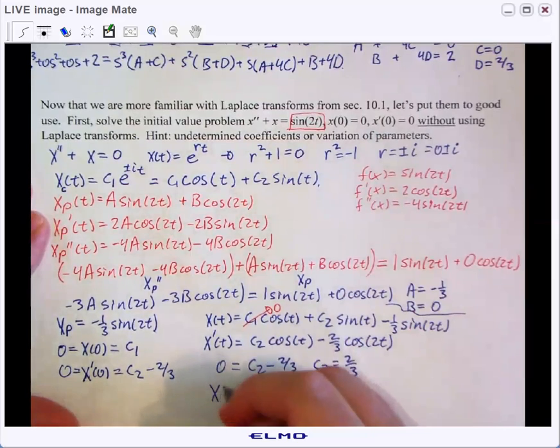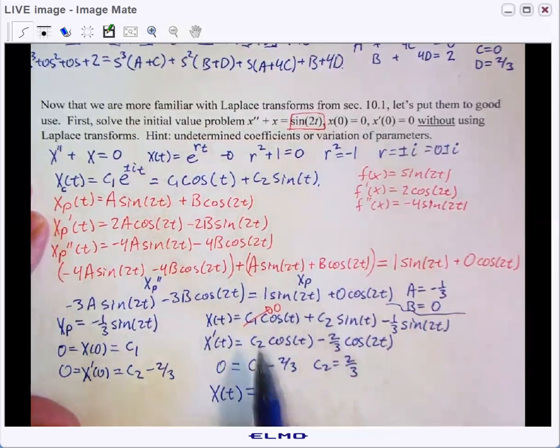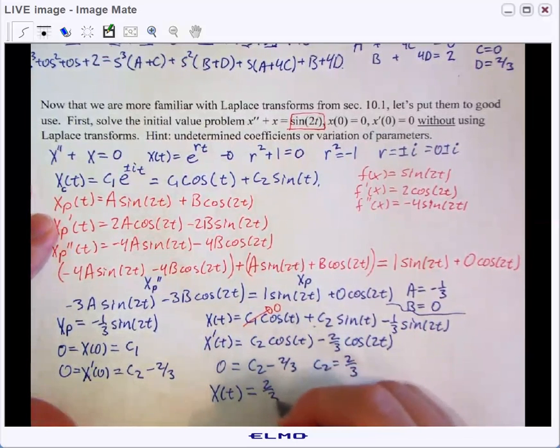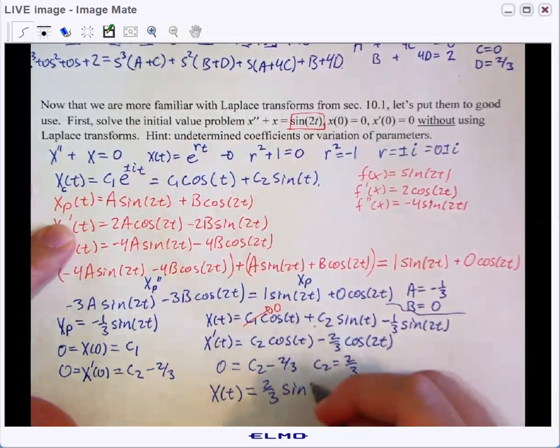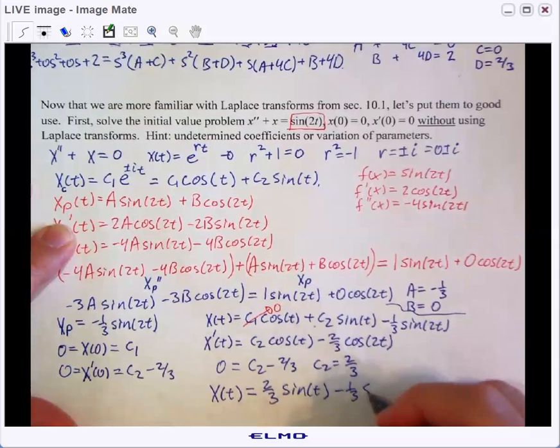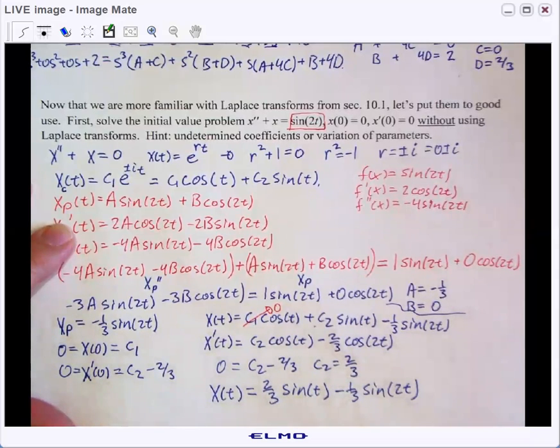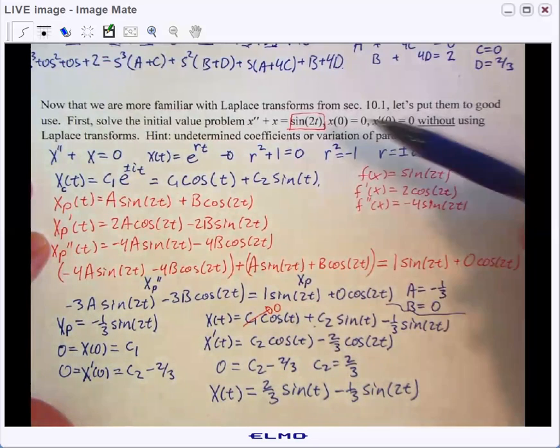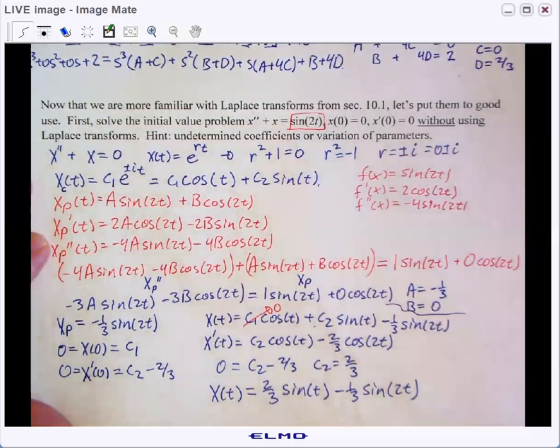And that will be x of t equals, remember that c1 was 0, c2 is 2/3. So we'll have 2/3 sine of t minus 1/3 sine of 2t. Okay. And we have now completed the solution to our initial value problem.